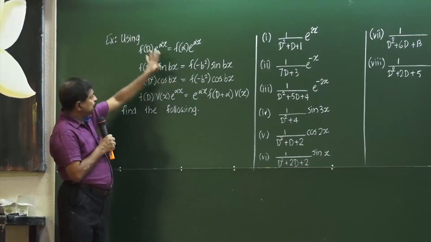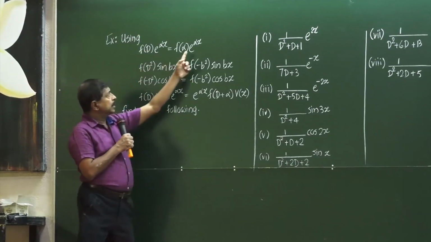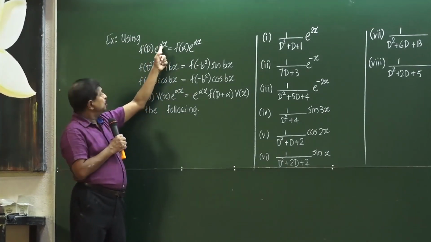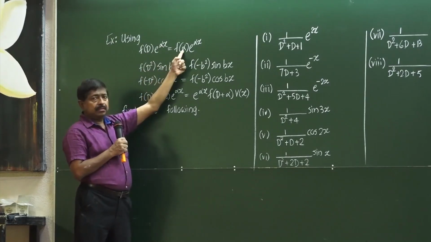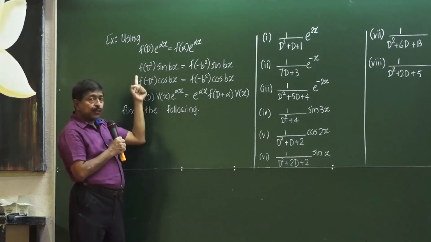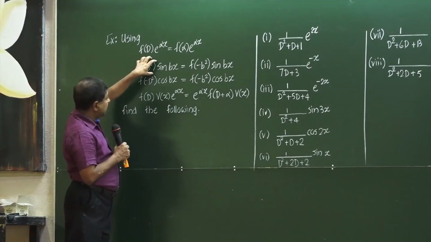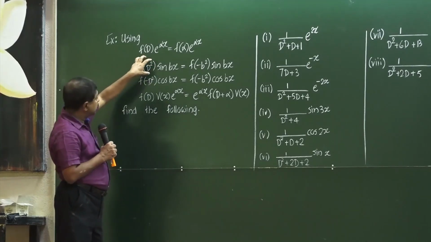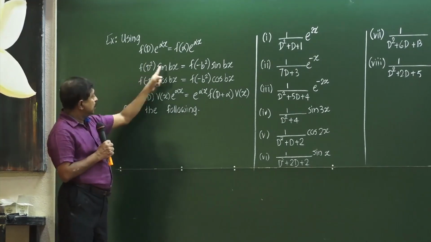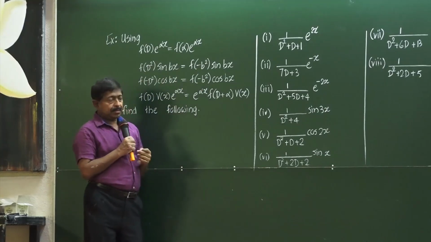Now these are the formulas we obtained earlier. Here again, try to get the basic idea. If you have e to the power alpha x, you just plug in alpha for D. In this case, if the function carrying the D operator is a function of D squared, you replace D squared by minus b squared.